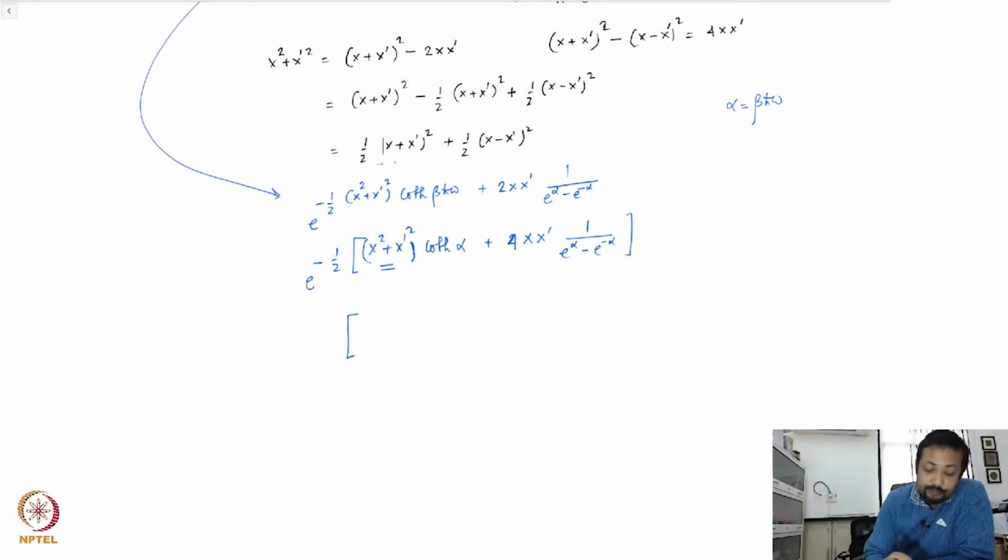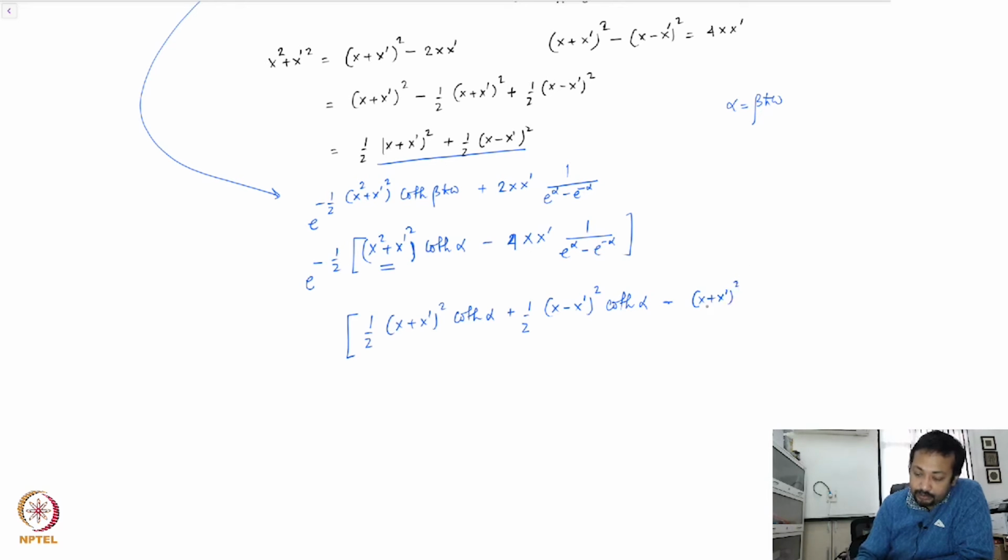So let's substitute this one over here. This becomes half (x plus x prime) whole square cot alpha plus half (x minus x prime) whole square cot alpha. 4x prime, this has to be minus, because I have taken a minus outside common, so this becomes minus (x plus x prime) whole square over (e to the power alpha minus e to the power minus alpha), and this becomes plus (x minus x prime) whole square over (e to the power alpha minus e to the power minus alpha).